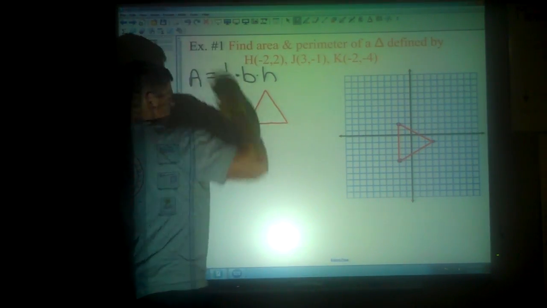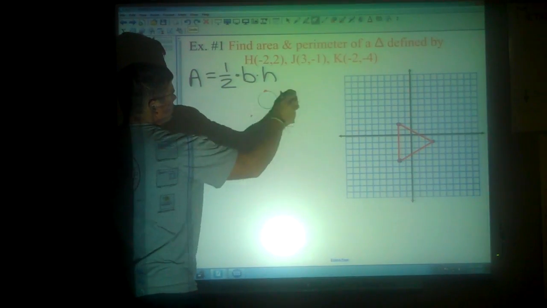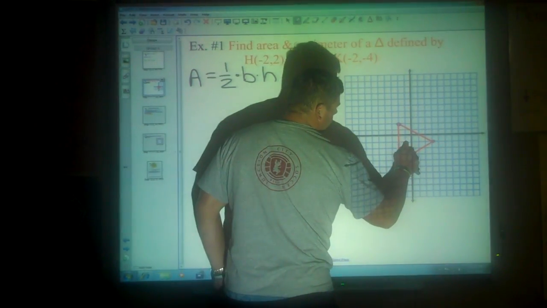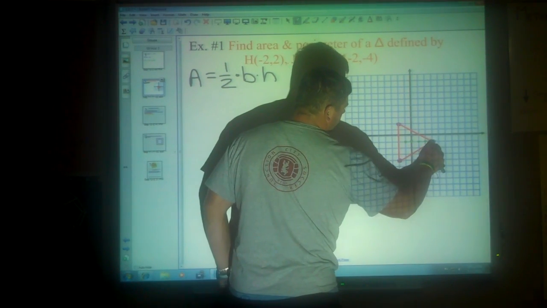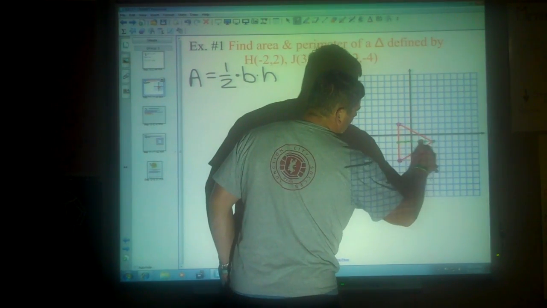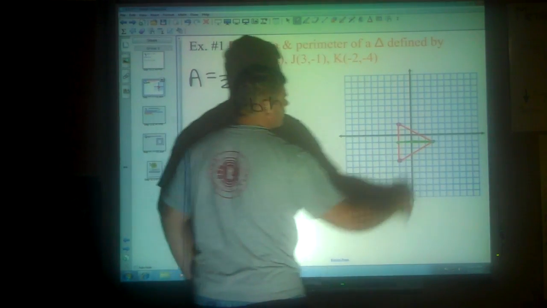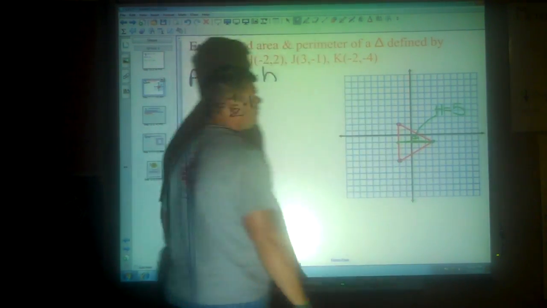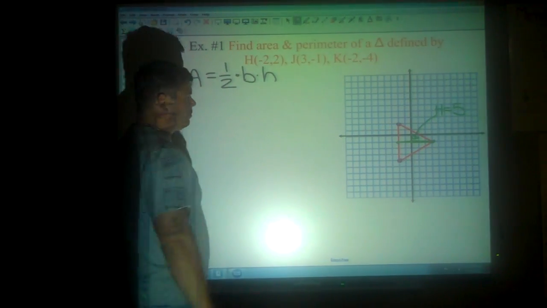I can count the height right in here as 1, 2, 3, 4, 5. There are 5 units right there for the height, which means h equals 5. And you can also calculate the base.